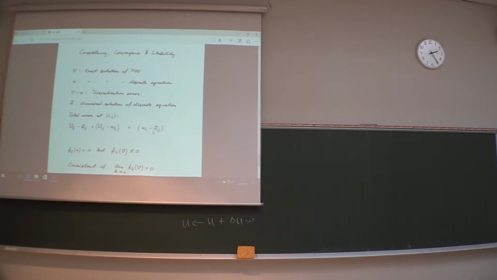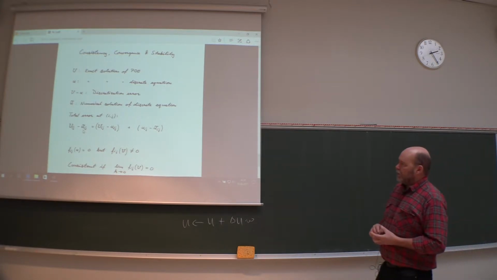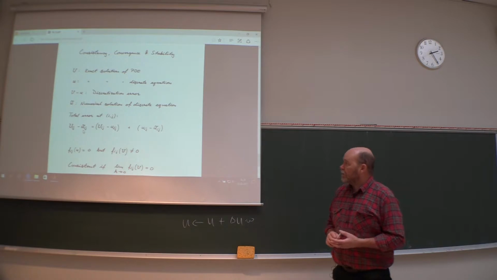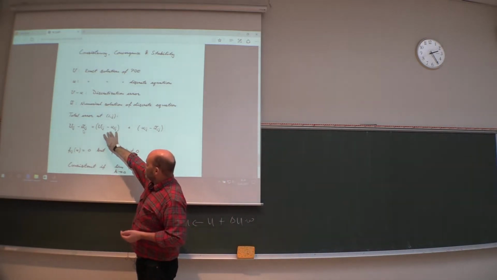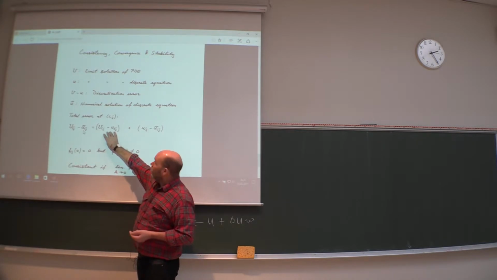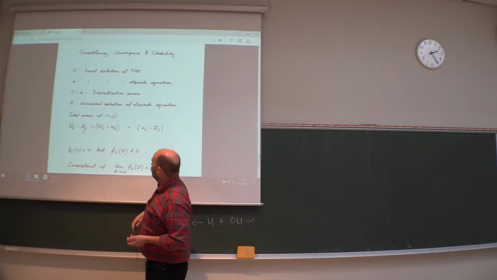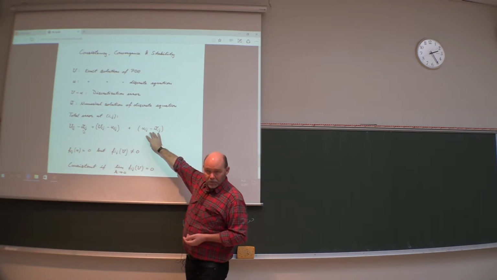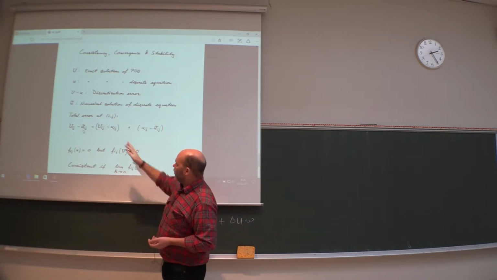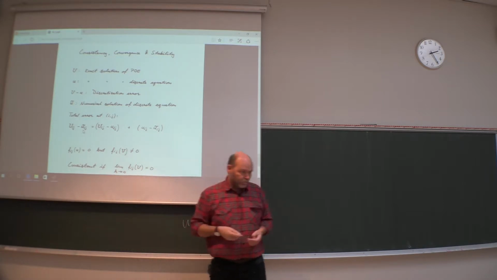So a total error, that's actually the analytical solution minus the numerical numbers that we are dealing with. And normally you split that one into two parts. So you will have a discretization error here, sort of unavoidable, and then you have a round-off error here as well. So the total error will be both.